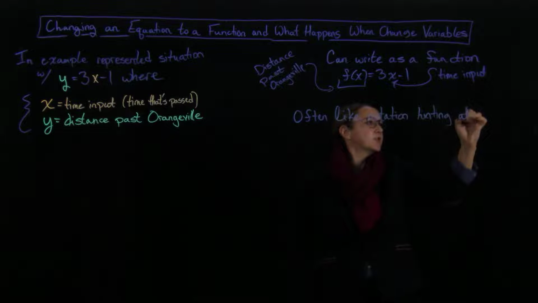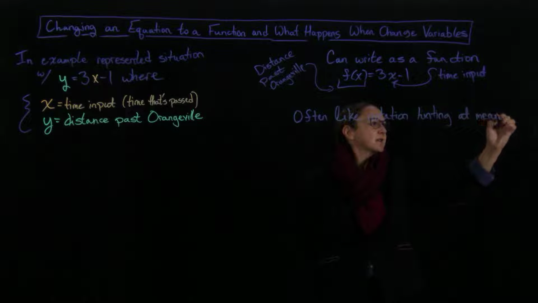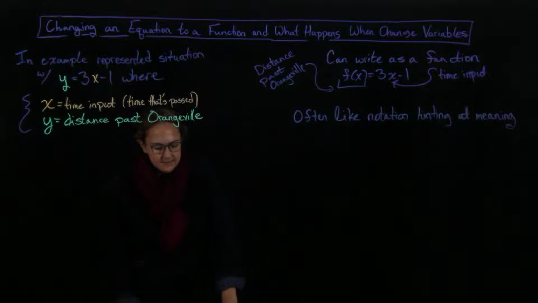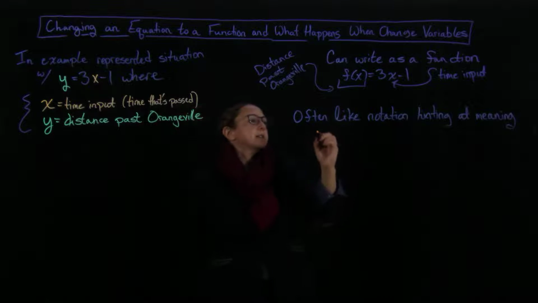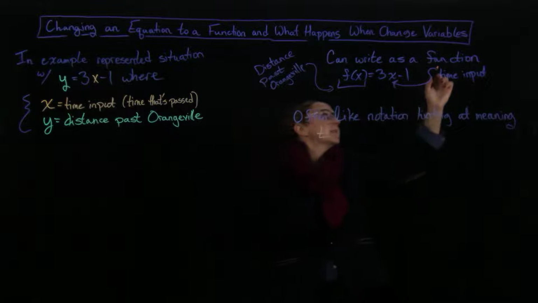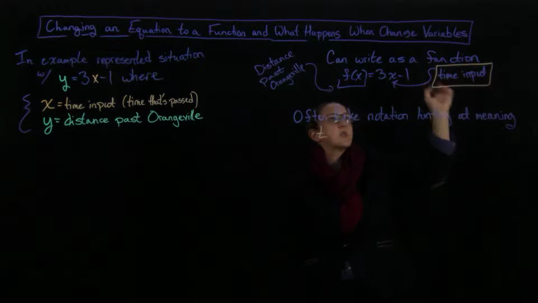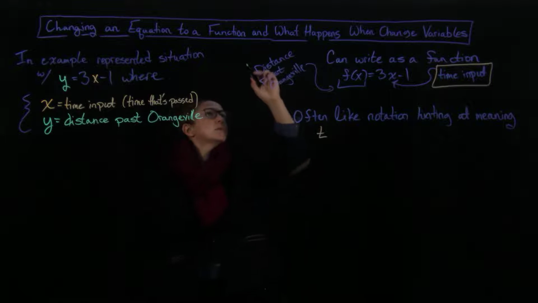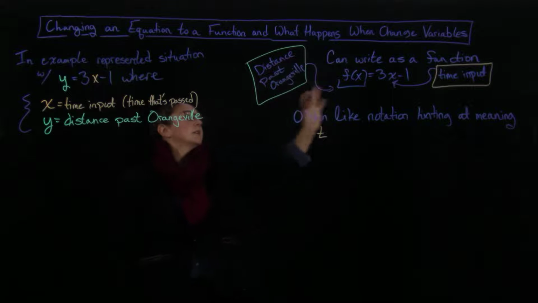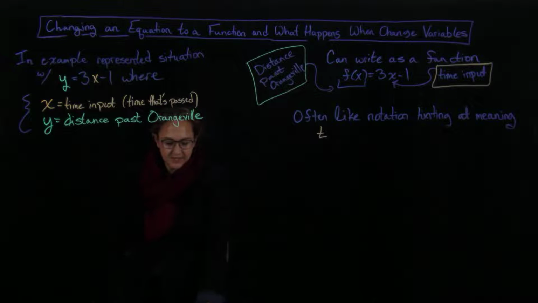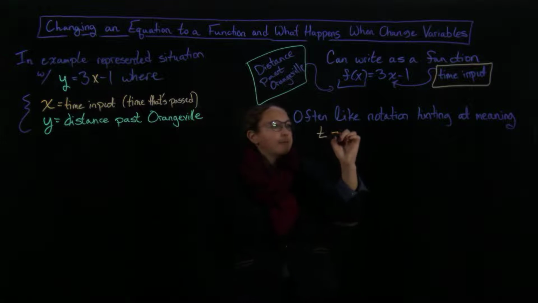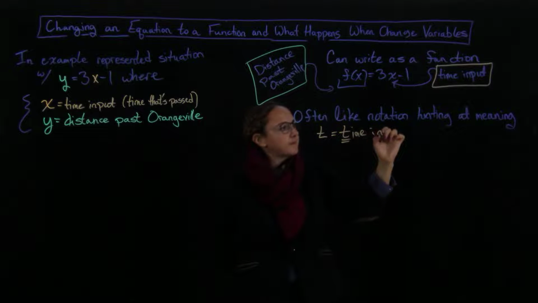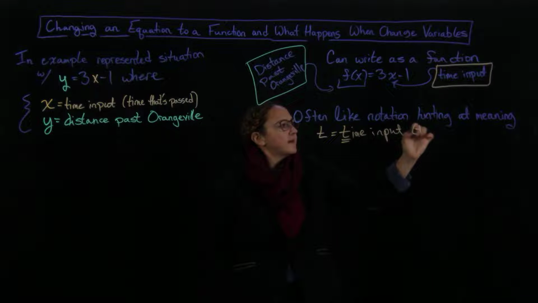So let's do that in this circumstance. This corresponded to orange over there, and this corresponded to green over there, the inputs and the outputs, but let's change this to be time. We often like t for time, because this is the time input, or the time that's passed.